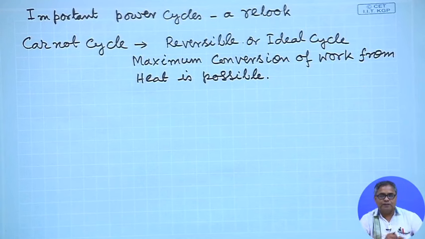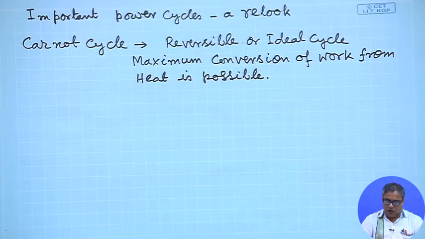It needs to be kept in mind that Carnot cycle is not the only reversible cycle, there are many reversible cycles. Then why do we talk so much regarding Carnot cycle? Because in Carnot cycle, all of the thermal energy which has to be supplied to the cycle is supplied at the maximum cycle temperature.